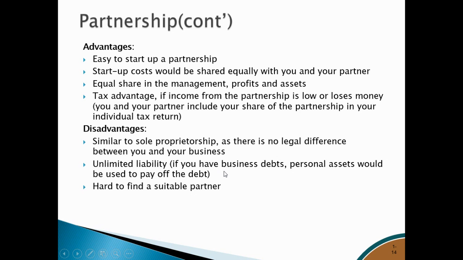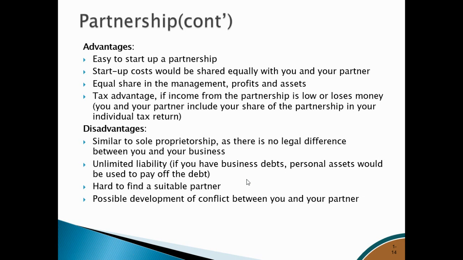Hard to find a suitable partner. All right. So that's another disadvantage. You need to find a suitable partner that has a similar passion, just like you. The next thing is conflict. In the beginning, you might do well, but later on, conflicts might develop.